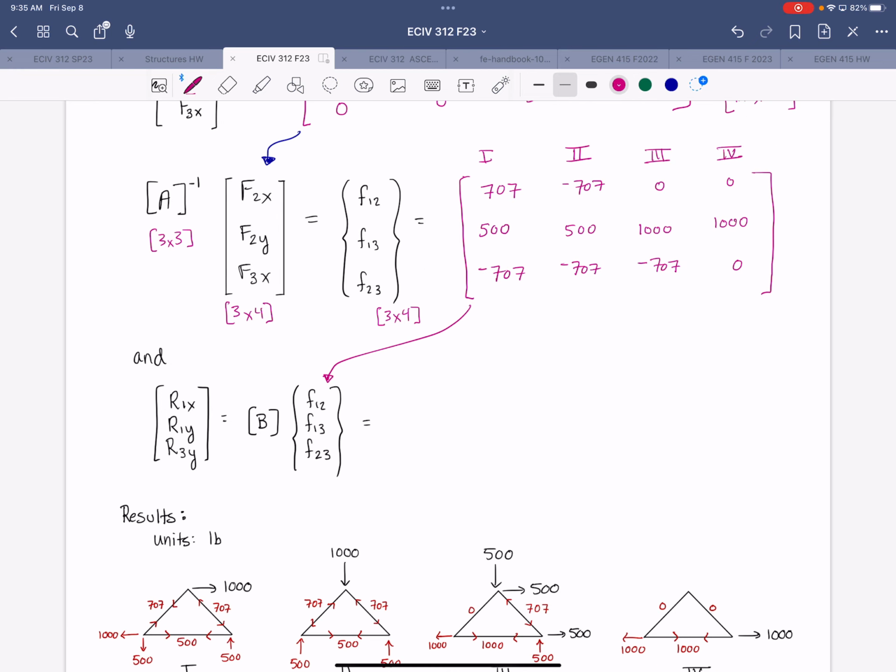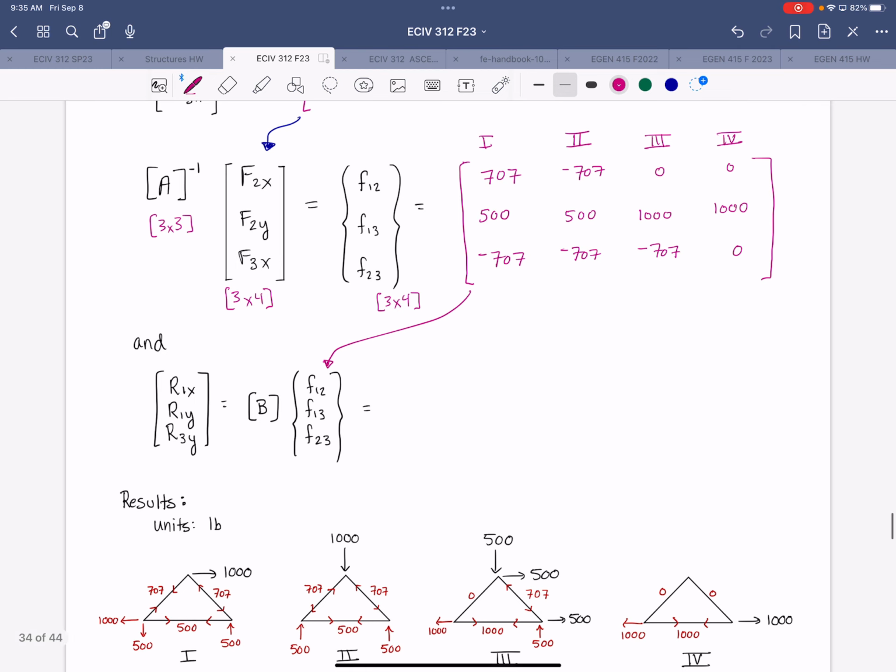Since our second partition is a 3 by 3 in this example, and we're multiplying that by a 3 by 4, our result is going to be a 3 by 4. And what we get are the reaction forces for each load case.